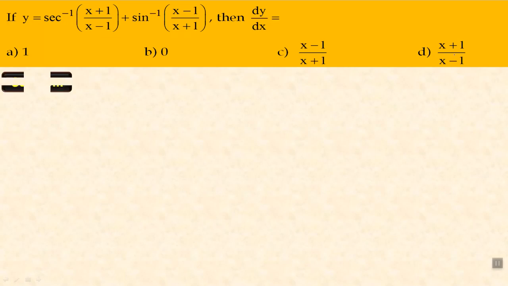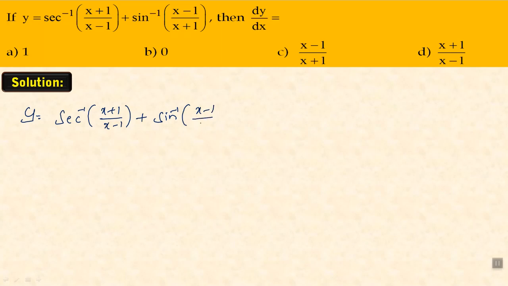Let us solve this. Given y is equals to secant inverse of x plus 1 divided by x minus 1 plus sine inverse of x minus 1 divided by x plus 1.